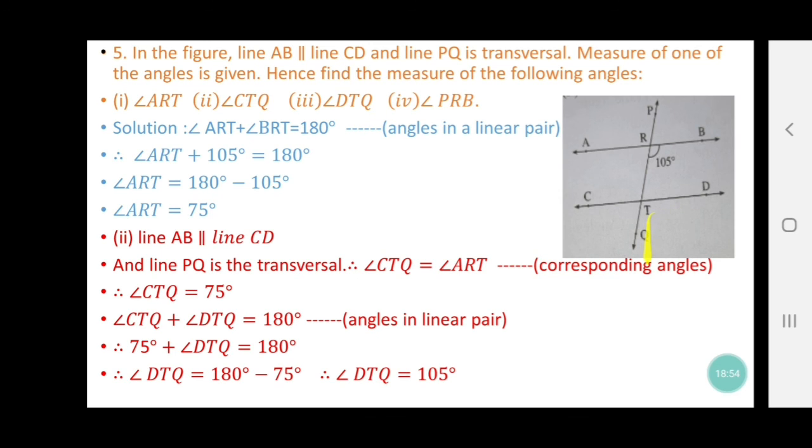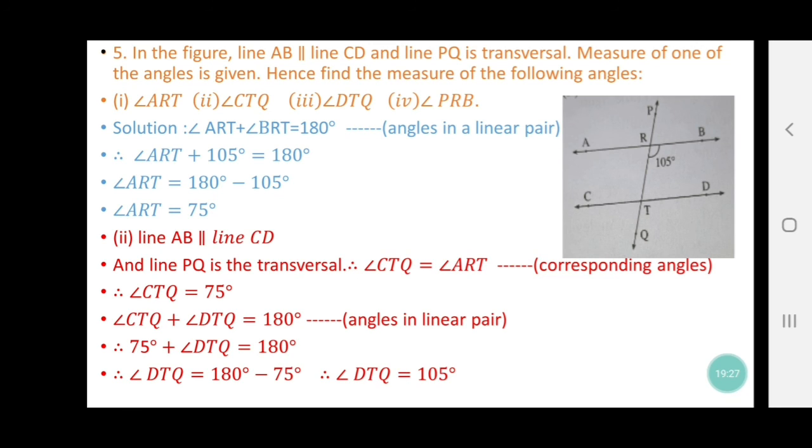Angle DTQ and angle RBT are equal corresponding angles, or you can go with angle CTQ plus angle DTQ equal to 180 degrees. So 75 plus angle DTQ equals 180 degrees. So DTQ will be equal to 180 minus 75, that is 105. So angle DTQ is equal to 105.